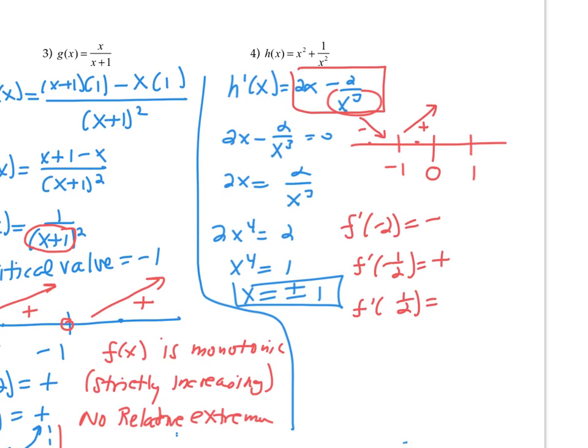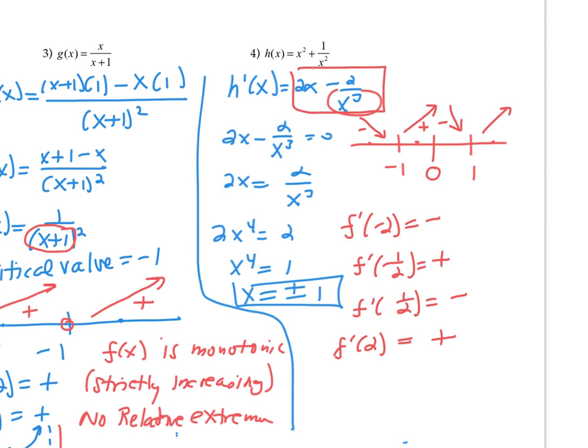And it's going to turn out to be a negative number, so it's decreasing on the interval between 0 and 1. And finally, in the last interval, let's try something to the right of +1. You can keep it simple, try +2. And that's going to turn out to be a positive number after you do the math. So it's increasing on that last interval.